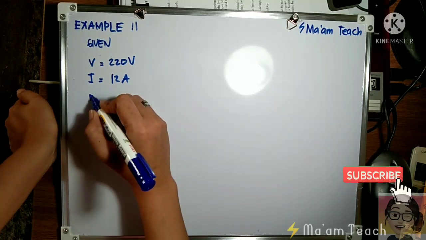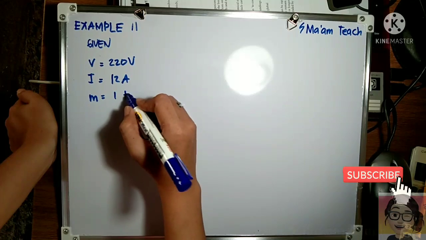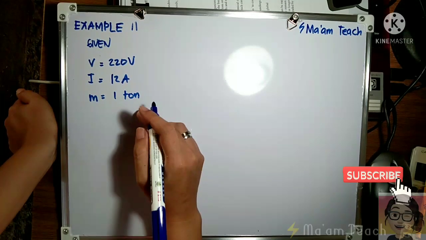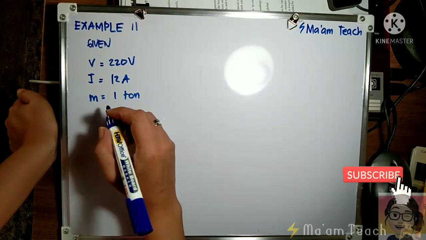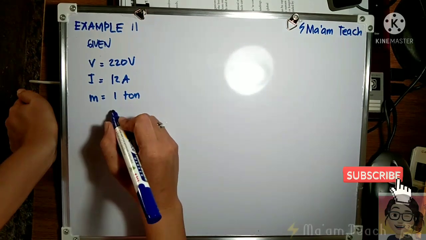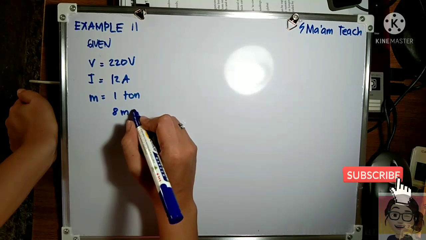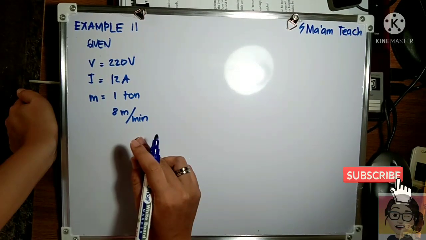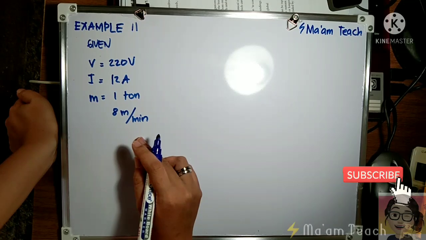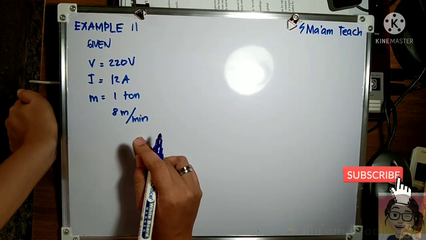Take note, class, mass is 1 ton at the rate of 8 meters per minute. Determine the efficiency of the system.